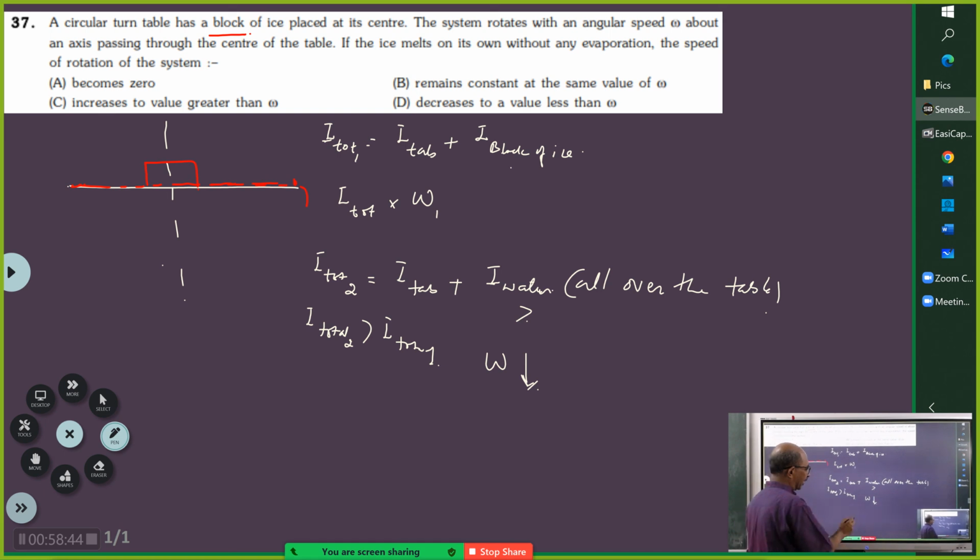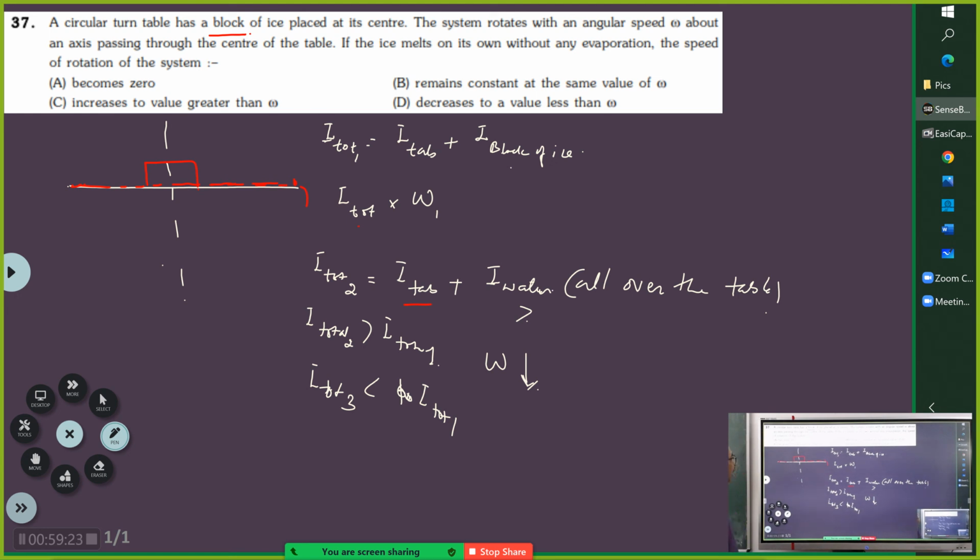Finally, when all the water has fallen, the moment of inertia will only be that of the table, and that will be less than the total before. Now you will get I total 3, without water. This will be less than I total 1, and therefore omega will once again increase.